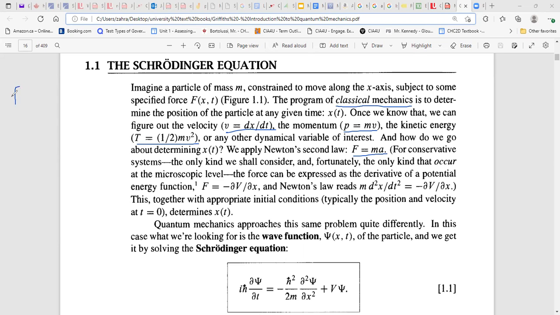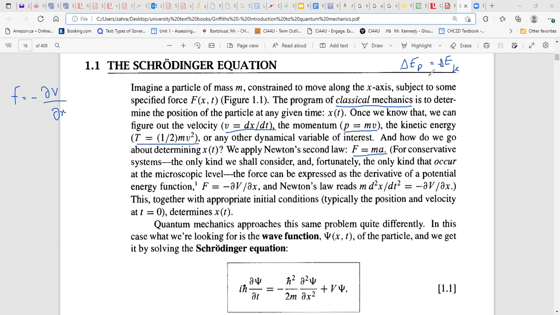So let's just look at that. Force is equal to negative first derivative of the potential energy, dV/dx. So we know that according to the conservation of energy, negative change in potential energy is equal to the change in kinetic energy.